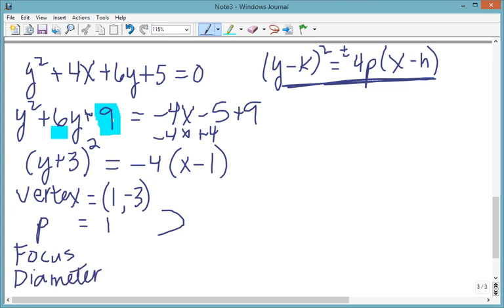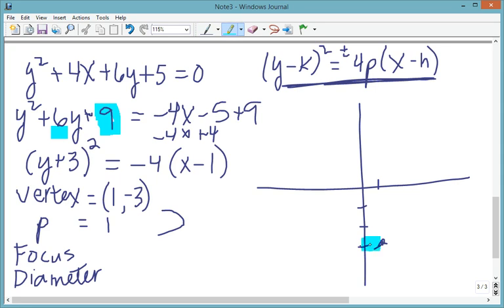And I kind of like to go to the graph at this time. So my vertex is at 1, -3. So there's my vertex. Okay, and then it's opening to the left, so my focus is over p to the left. So I'm going to go from here, and my p is 1. So see how it's just over 1, and that's where my focus is.